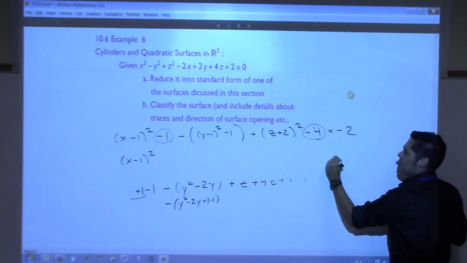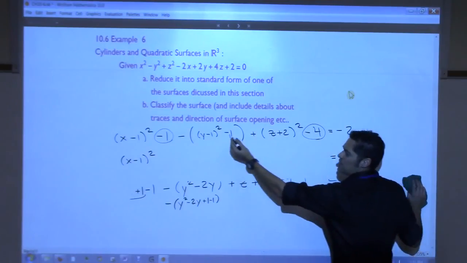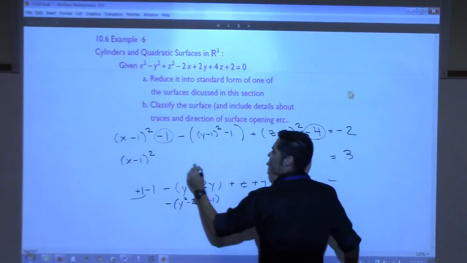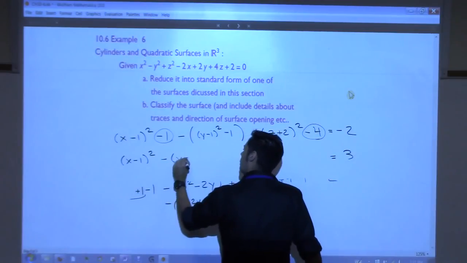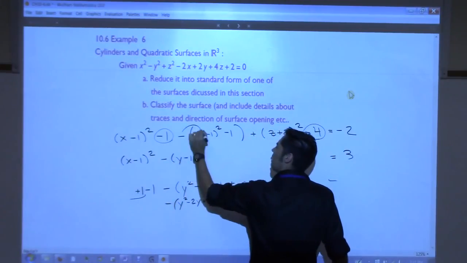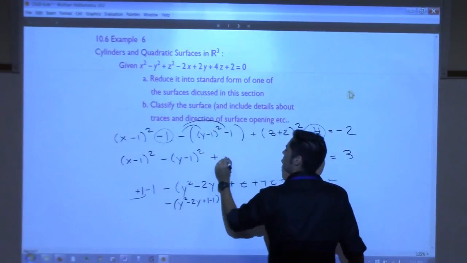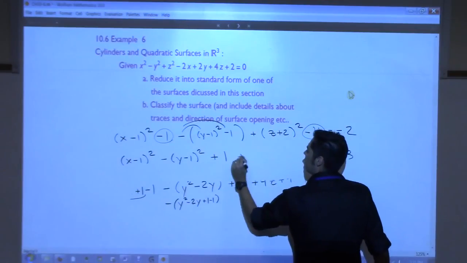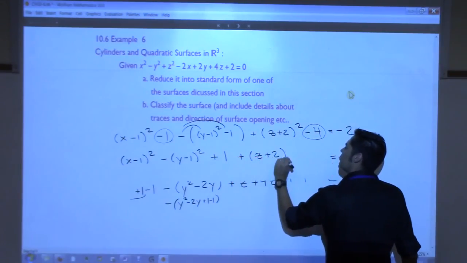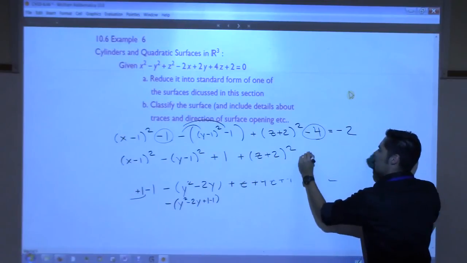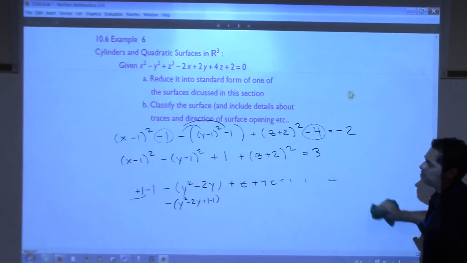Plus 3. Now I am going to have to deal with this guy too, but I want to get all that other stuff out of there. Minus y minus 1 squared. This minus and this minus can become a plus there. Plus 1. Plus z plus 2 squared equals 3. That's where I am now.